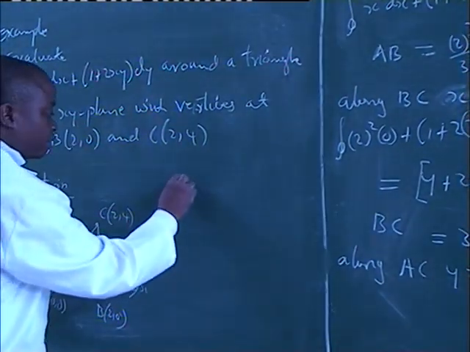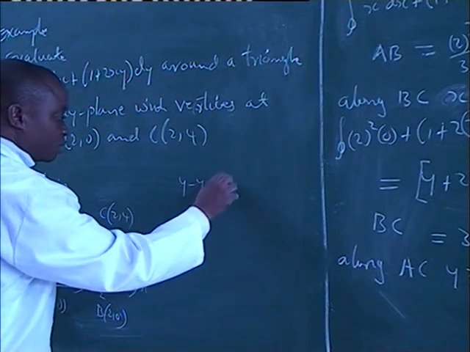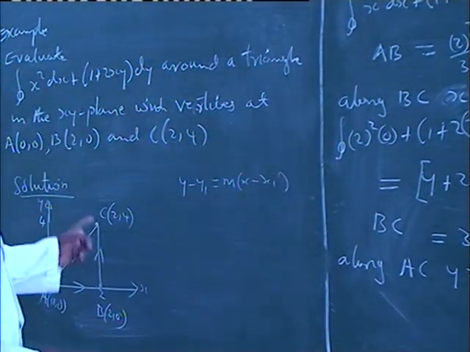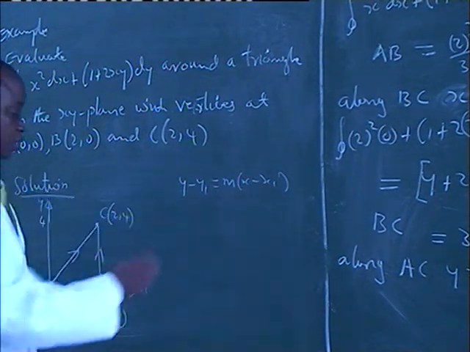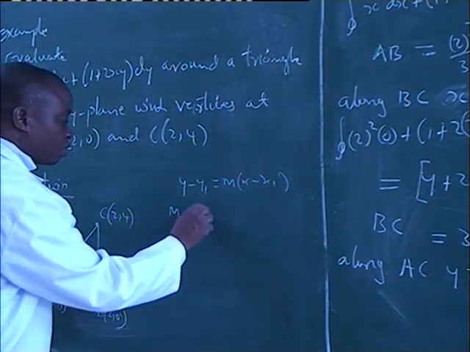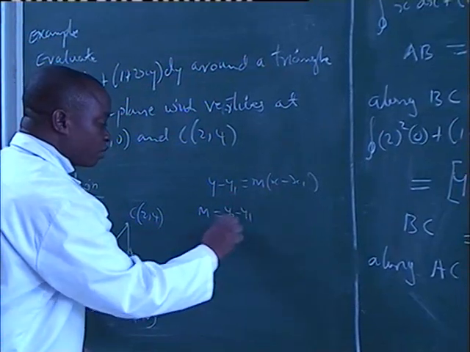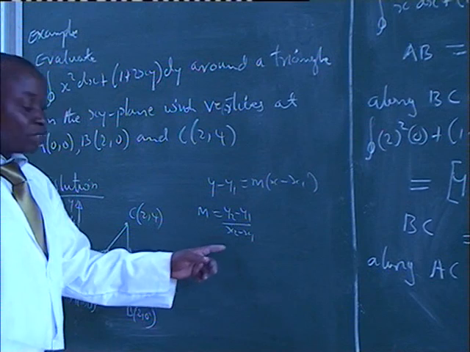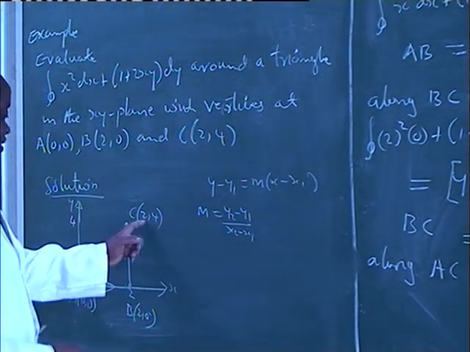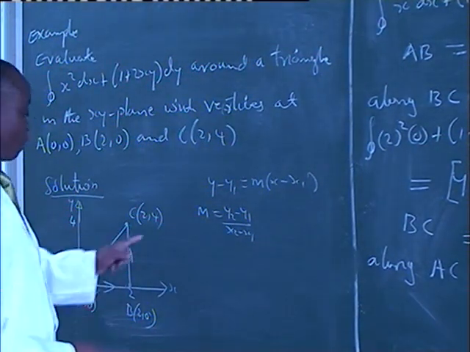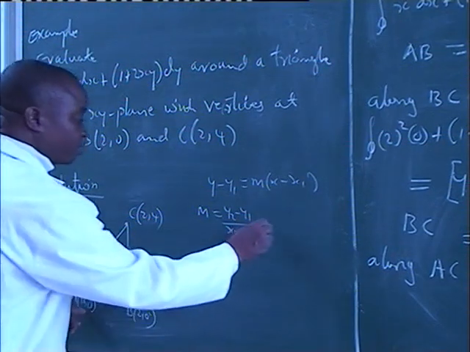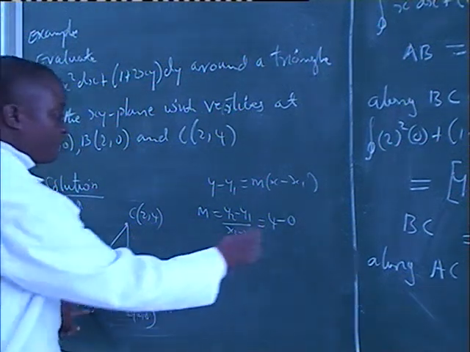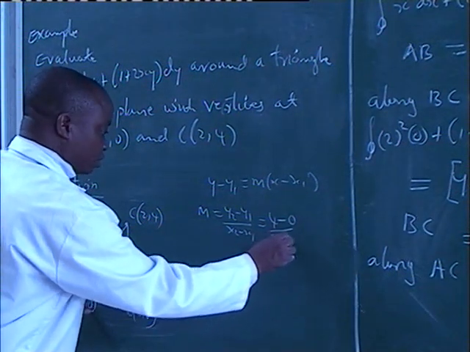The equation of the line is given by y minus y1 is equal to m times x minus x1. And so we want m first. So m is y2 minus y1 over x2 minus x1. You know, m is the gradient. So let's look at the gradient of this line from here to here. y2 is 4 minus 0, which is y1, over x2 is 2 minus 0.